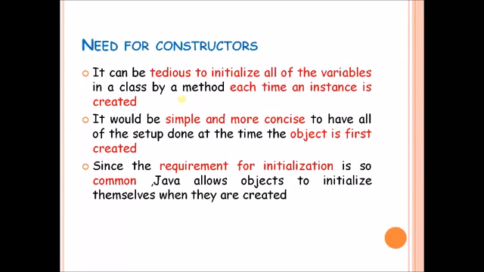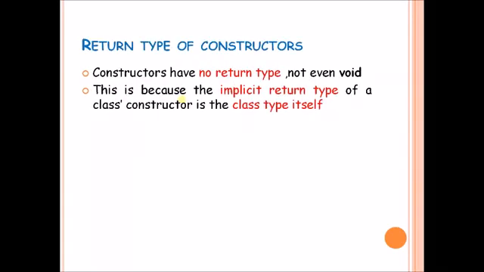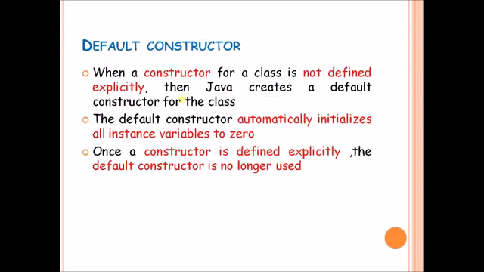The need for constructors is that instead of creating a special function to initialize the objects and invoking it each time an object is created, you can define the constructor for the object so that it will be invoked automatically once an object is created. A constructor, even though it's a method, does not have any return type, not even void, because the implicit return type of a class constructor is the class type itself.